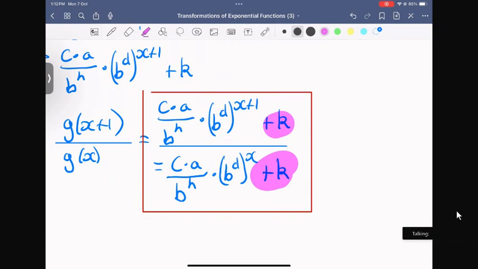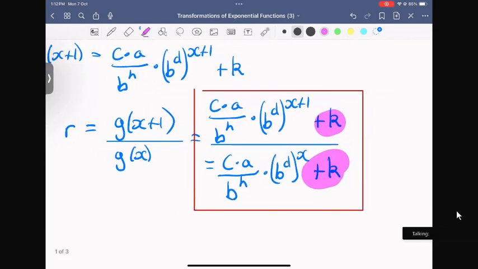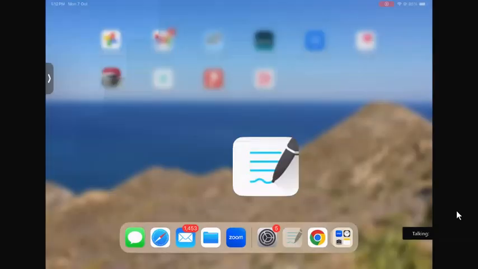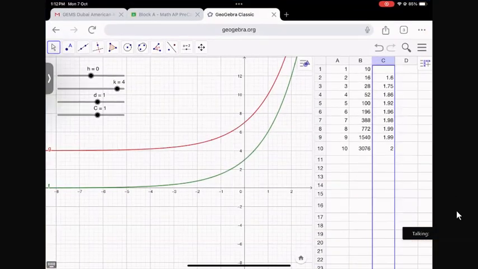And that's because we don't have a common ratio when we have k. Every value in this sequence is going to change as x changes. And we saw that here in the spreadsheet, in this column. For every different x, we're getting a different common ratio when we have a k value.